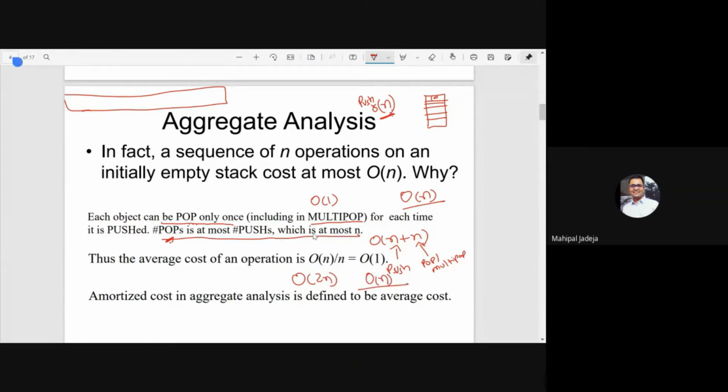Now amortized analysis means we are interested in finding the average cost with respect to this worst case sequence of operations. This is the total cost of these n operations, and then we divide it by the total number of operations, which is n. So the amortized cost is order of 1.